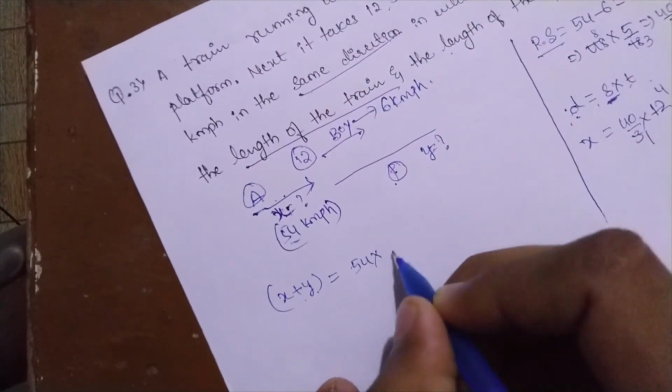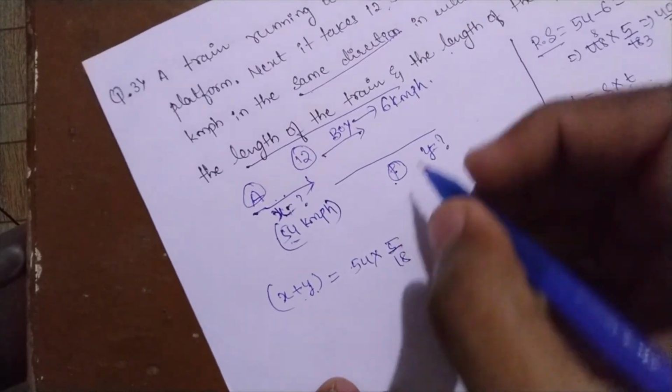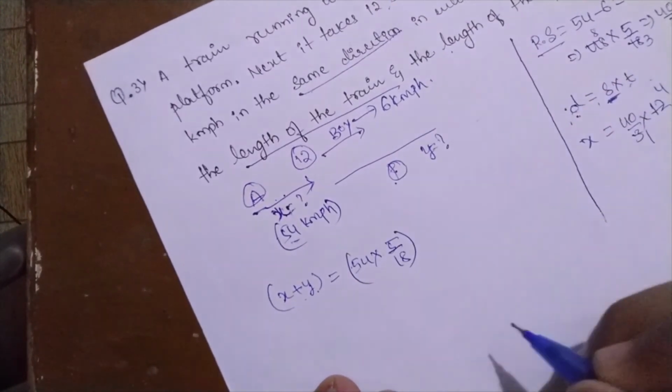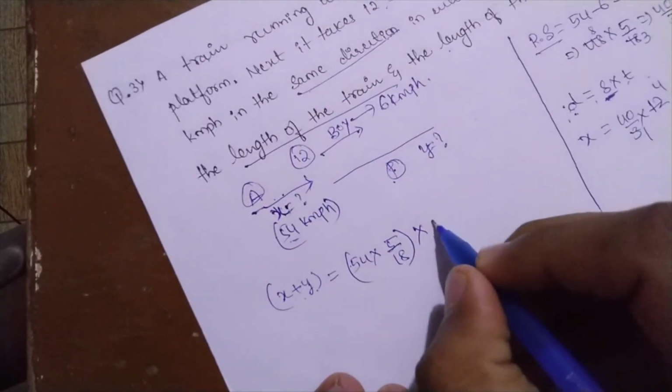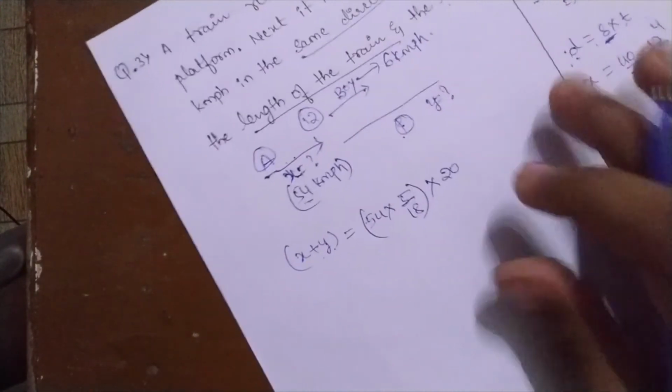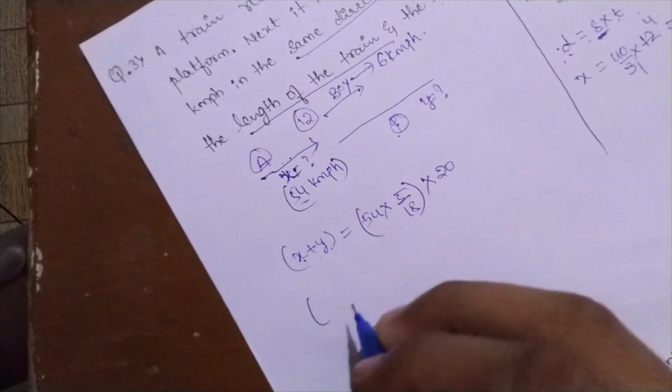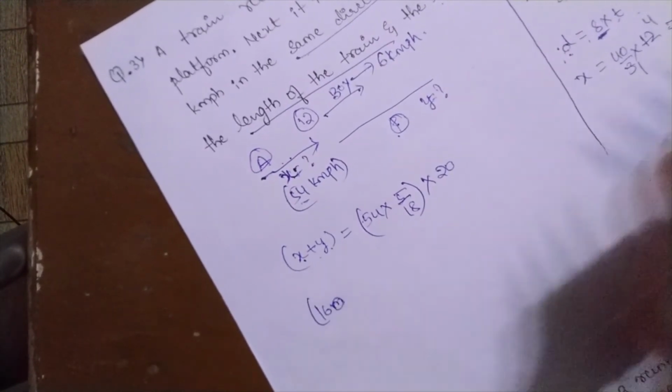So 54 into 5 by 18, we need to convert that to meter per second, into 20 seconds, as it takes 20 seconds to pass the platform. We know the value of x, that is 160 meter. We found it here.